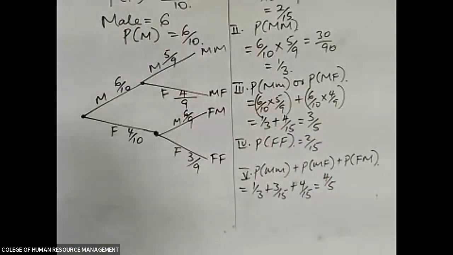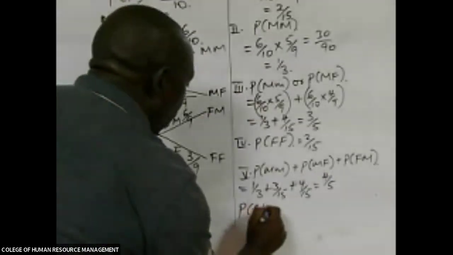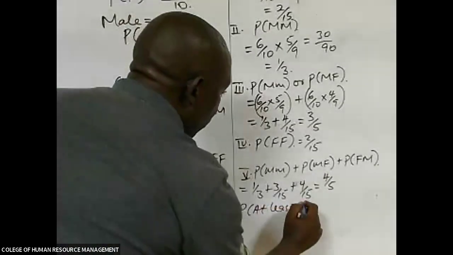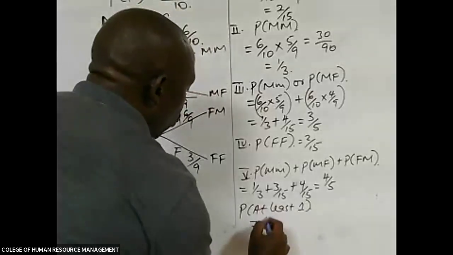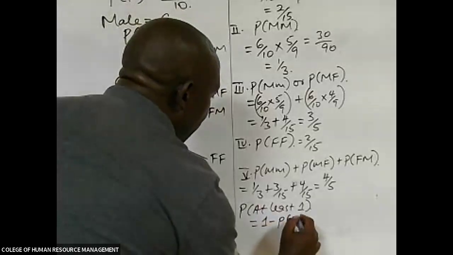There is another possible way you can get this. Anytime you are asked about the probability of at least one, there is another way you can compute it. You can simply say the probability of at least one is going to be equal to 1 minus the probability of female.